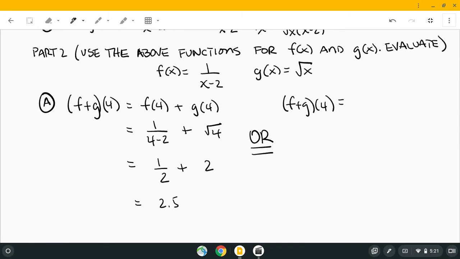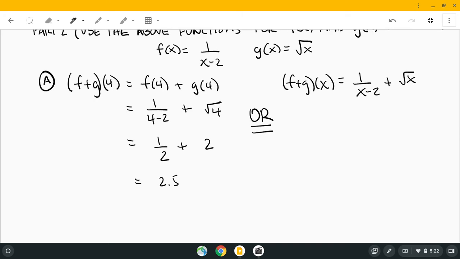So I could do the addition of the functions first, which is going to be 1 over x minus 2 plus square root of x. Nothing exciting there. So you could do that first and then evaluate it at 4 and then plug that in.